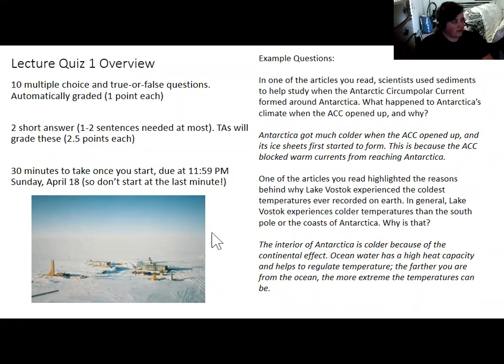And again, this is about the length that you would want to answer for one of these questions. Answer the question, get your point across, focus on what key terms there are from class, and then get it written down, and move on, and don't obsess over it for too long.